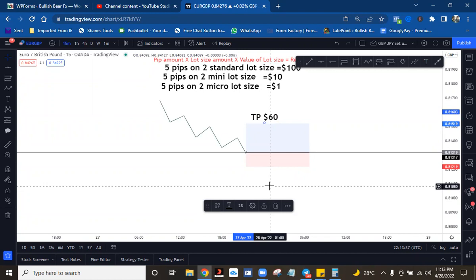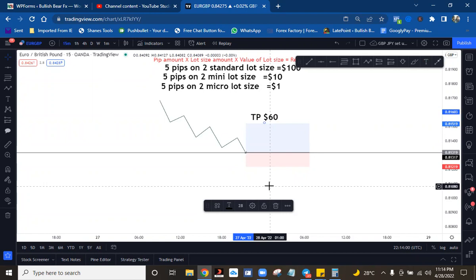What is my stop loss? I think your stop loss should be 200. You're targeting 400 and you're risking 200.